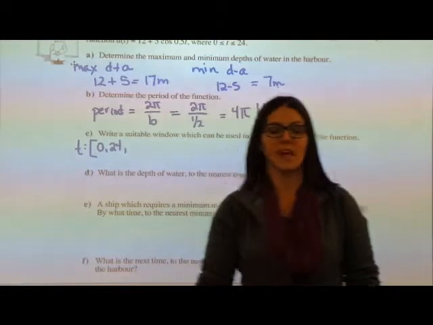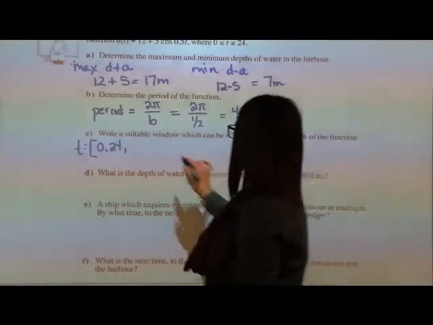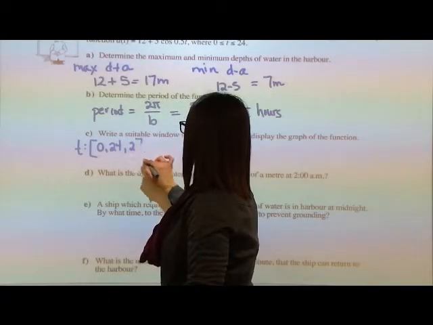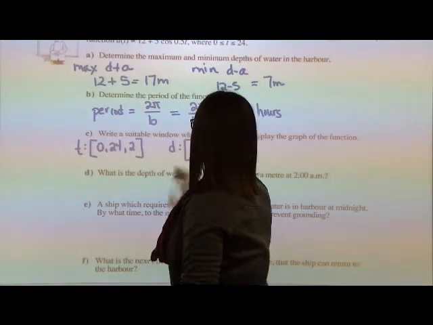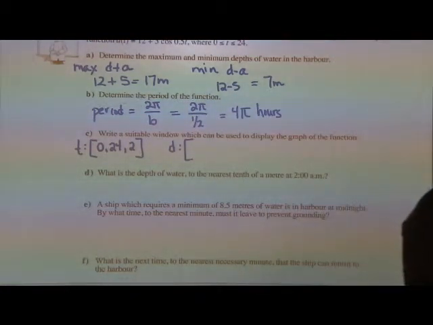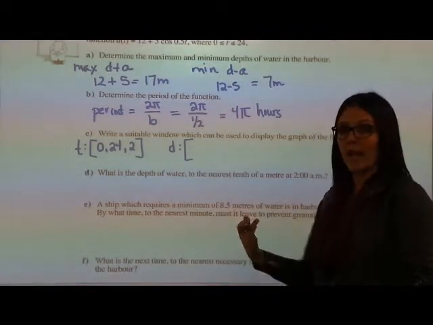And what is a suitable scale? What can I go up by? 2's? And then my depth. What do I know about my maximum depth? 17 meters. So what would be a suitable range?